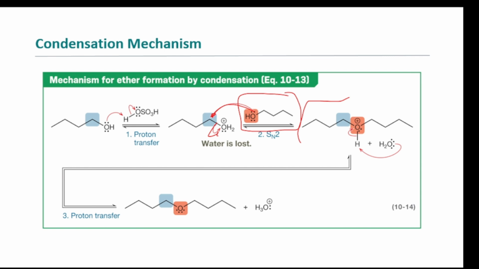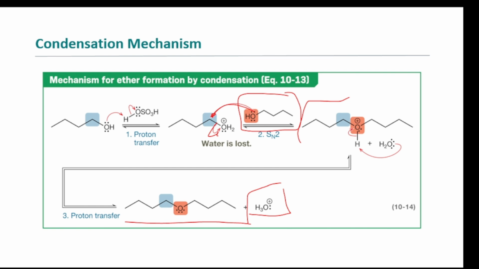Okay. And so then water is going to act as our base, deprotonate that protonated species, and we'll get our final product after that final proton transfer step. Okay. Is everybody good with that so far? Okay, you will notice something kind of unusual about this entire reaction, right?